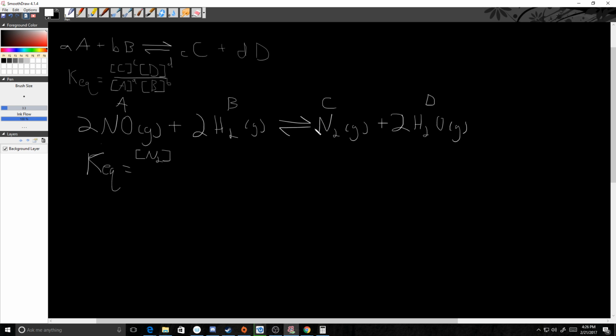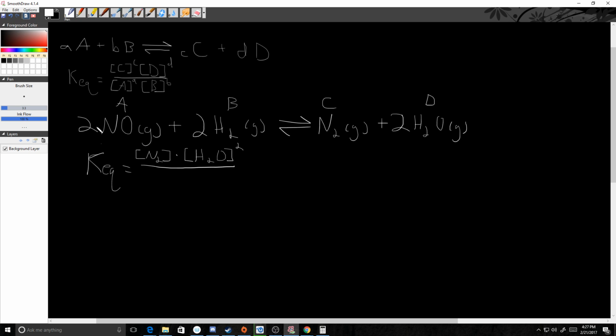So the concentration of N2, brackets N2. N2 doesn't have a number in front of it, so it's implied it's a 1, and anything raised to the 1 power is itself. That's times the concentration of H2O. But for the H2O, there's a 2 in front of it, so whatever that concentration is, we raise it to the 2nd power.